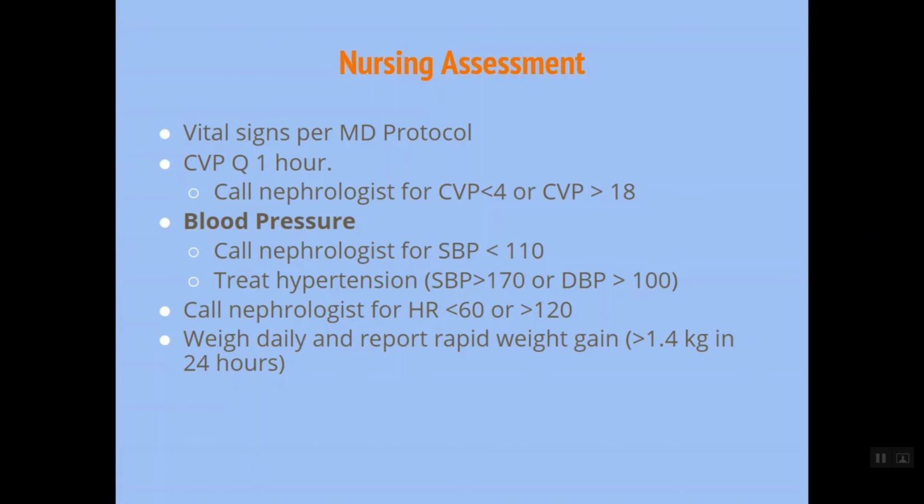So if you get a kidney transplant today, you're going to document that weight as soon as possible. And then at 6 a.m. the next morning, when you get the patient's weight, you will document that as well. Greater than 1.4 kgs in weight needs to be reported to the nephrologist, as this patient has likely become fluid volume overloaded.